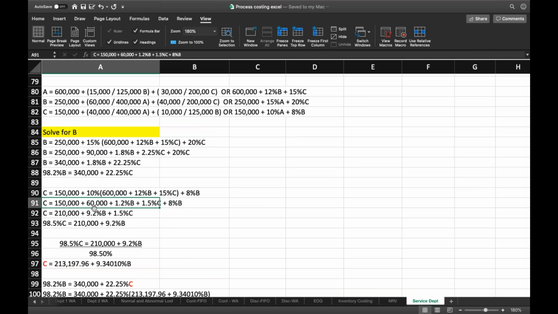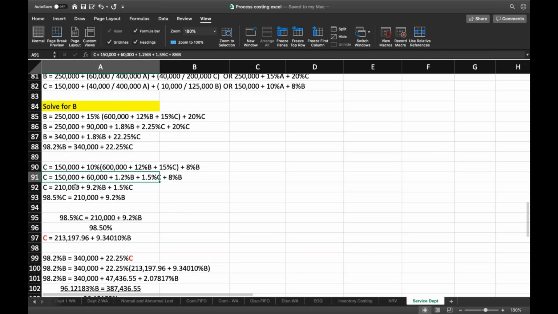That's 150 plus 10% of 600, that's 60,000. 10% times 12%, that's 1.2% B. 10% times 15% C is 1.5% C. And then plus 8% B, right? Okay, next.